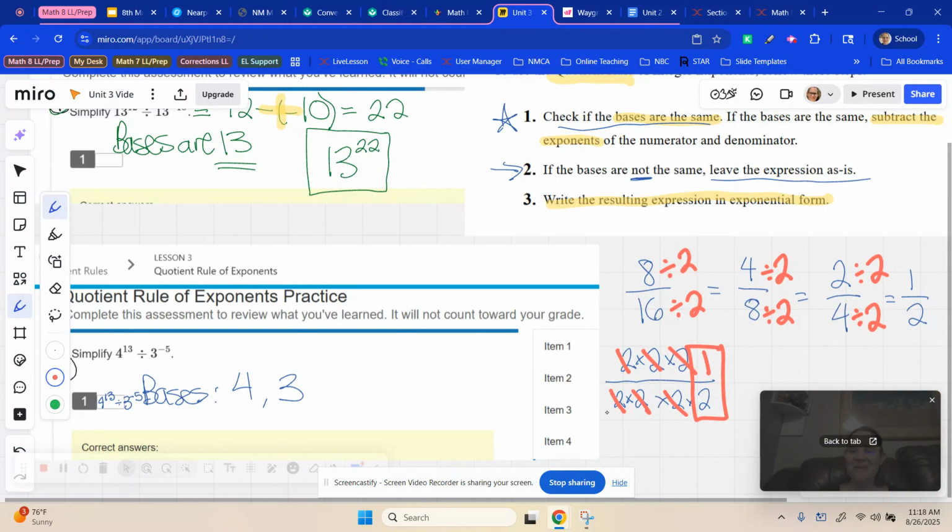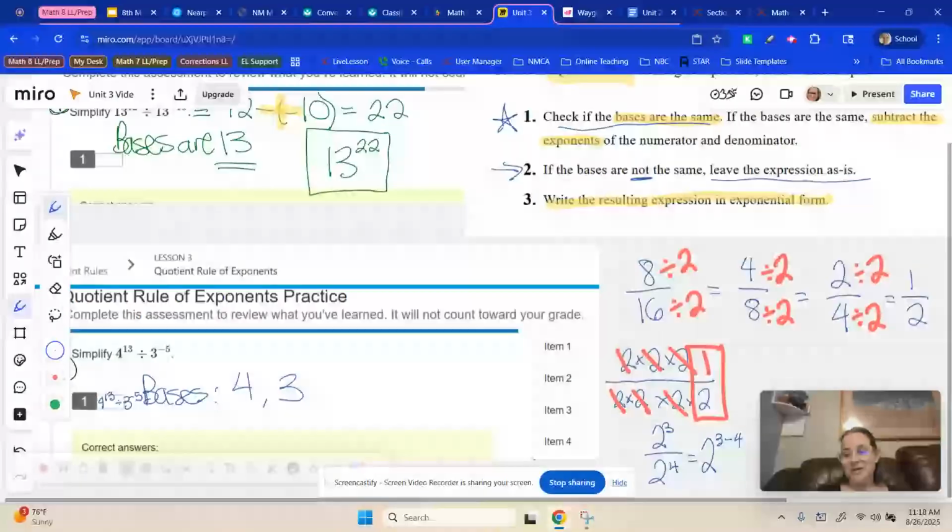Okay, and furthermore, if I had wanted to, instead of 2 times 2 times 2, I could have written 2 to the third power. If I had wanted to, I could have written 2 times 2 times 2 times 2 as 2 to the fourth power. And now here's a little preview of something you're going to learn soon. If we use the quotient rule, we have 2 to the 3 minus 4 power.